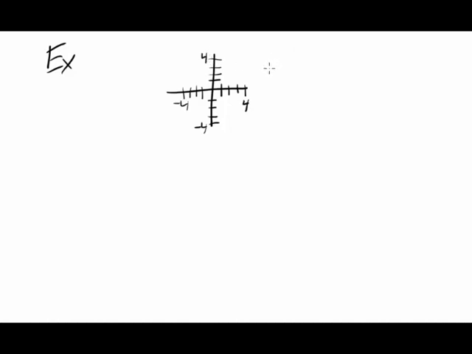So first we're going to work with the midpoint formula, which again is going to be (x sub 1 plus x sub 2) divided by 2, comma, (y sub 1 plus y sub 2) divided by 2. So plugging in, first we need some points.